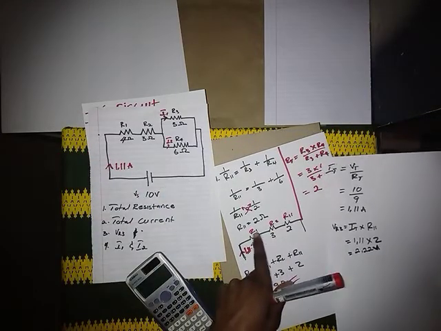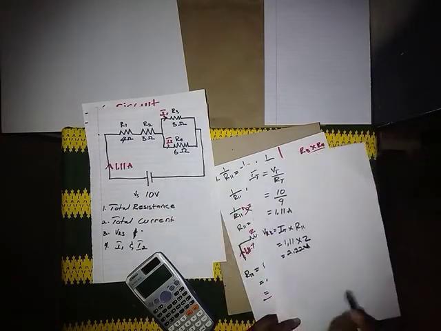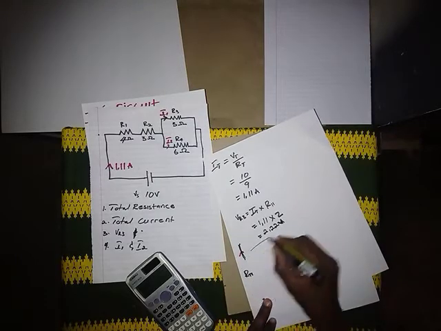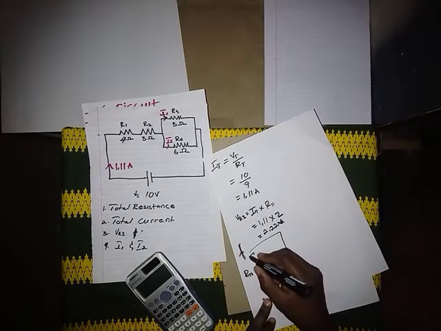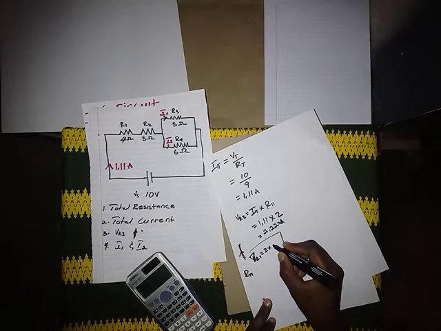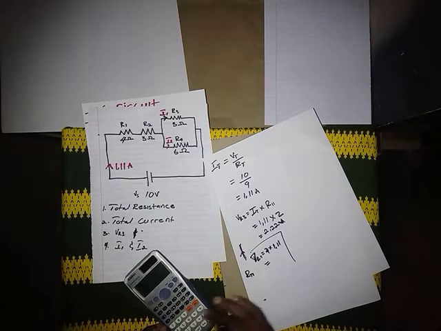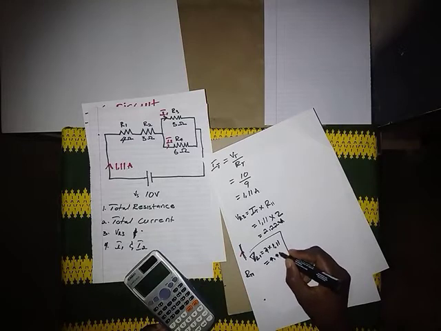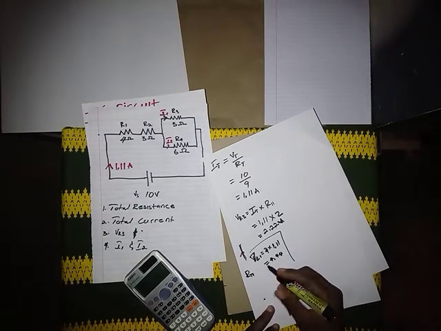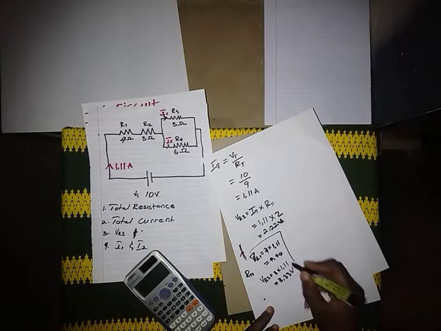the combination of VR1, VR2, and VR3 must give us VT. So you can calculate on the side VR1, which is going to be 4 times 1.11, that is 4.44, and VR2, 3 times 1.11, which gives you 3.33.